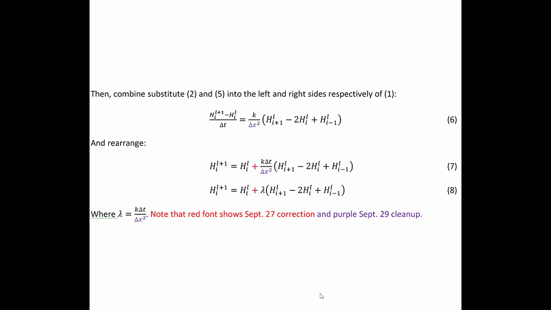You can see that k delta t over delta x squared we call lambda, and that's an important collection of constants and also a measure of stability. We'll see when we implement this in Excel that lambda has to stay below 0.5 for our simple implementation.